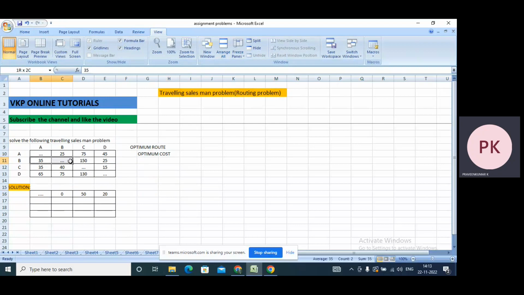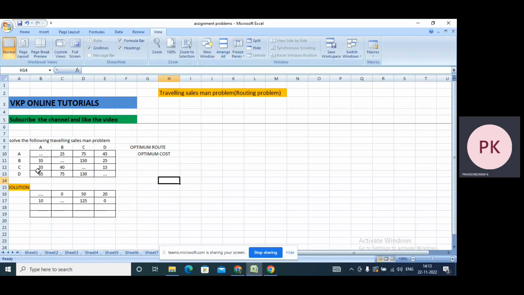Similarly, repeat the same procedure for the second row. This is my second row. The minimum element is 25, so I'll subtract it from the other elements. 35 minus 25 is 10, forget about the diagonal element, and 150 minus 25 is 125. 25 minus 25 is 0.